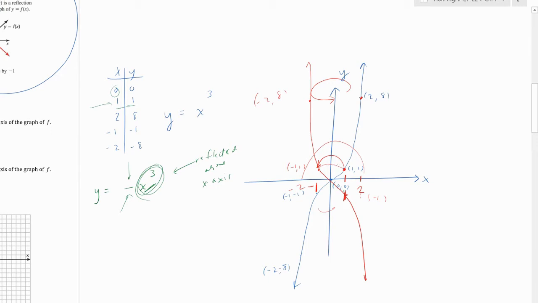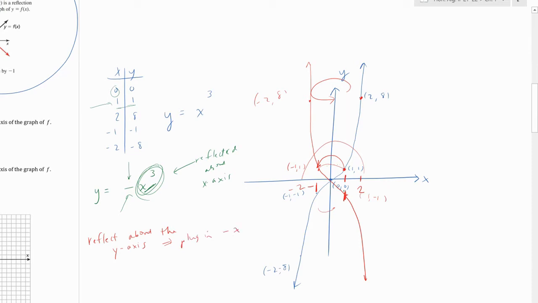So I don't want to plug in the same x as I was plugging in before. I want to plug in the opposite x's. So to reflect about the y-axis, we plug in the opposite x.